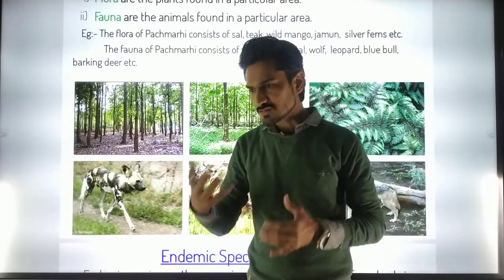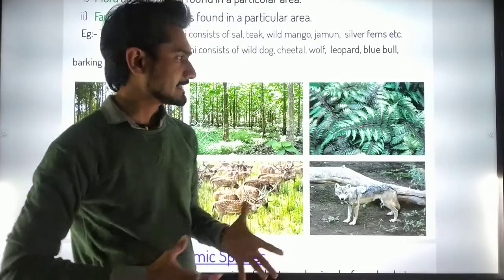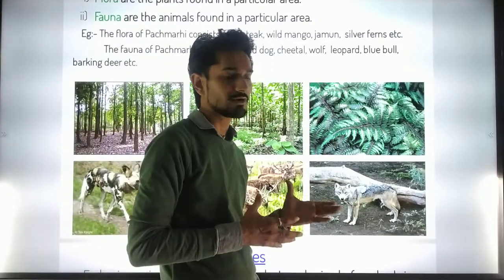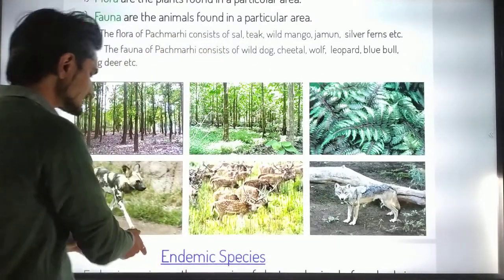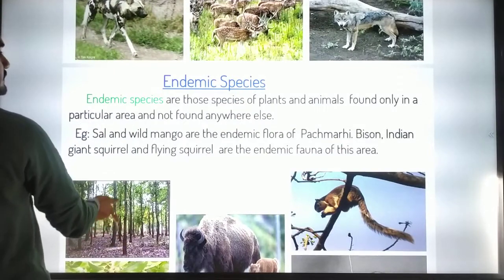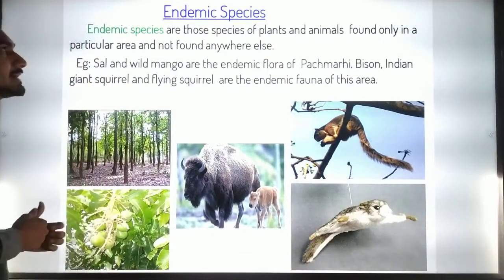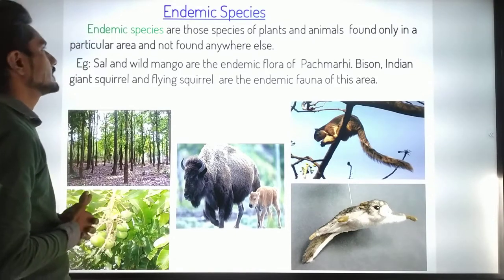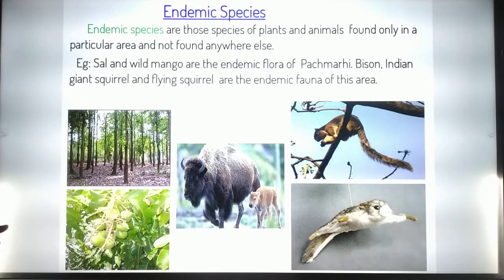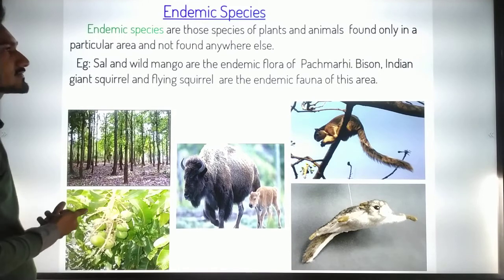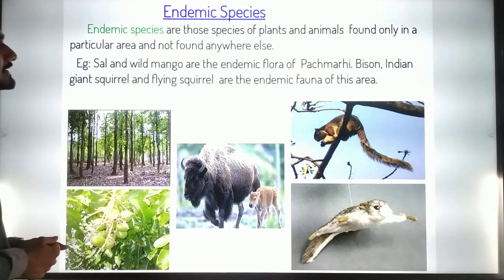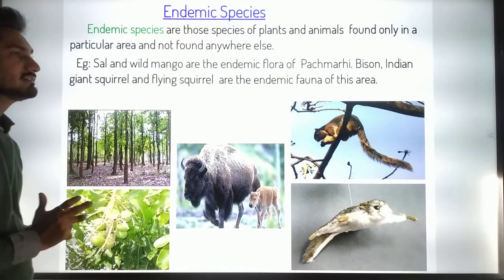So let us take a moment and discuss what kinds of species there are. The first species is the endemic species. Endemic species are species of plants and animals found only in a particular area and not found anywhere else.